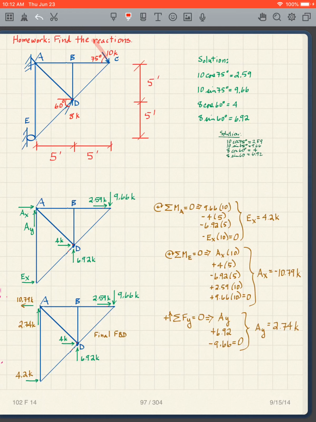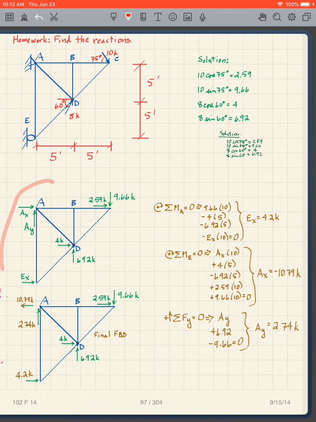This is downward to the right, so I have downward to the right. This is upward to the right, so I have upward to the right. The cosine of the angle components go in the horizontal direction. The sine of the angle components go in the vertical direction.